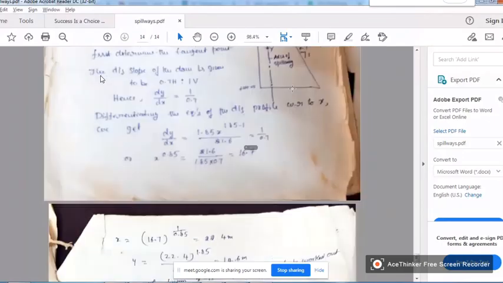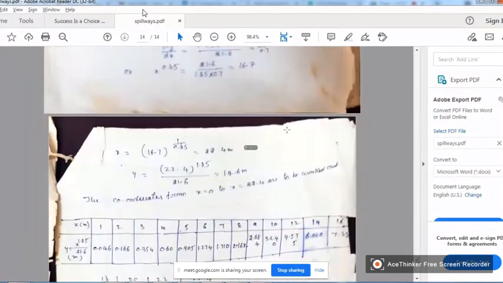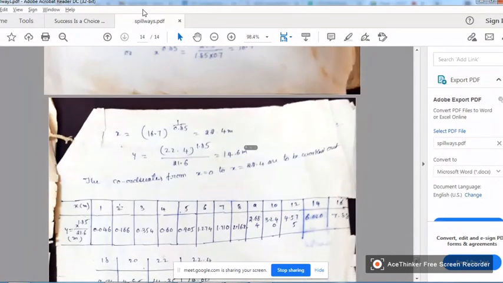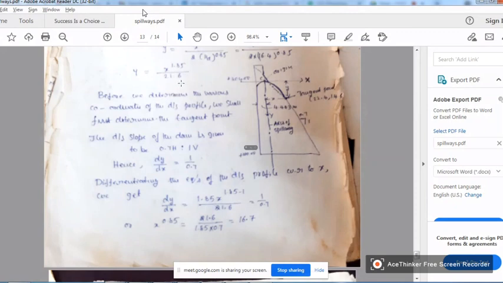Now in between, from 0 to 22.4: x is 0 at the start and 22.4 at the end, y is 0 here and 14.6 here. In between we will calculate the coordinate points. For different x values, we have the equation, so calculate y.